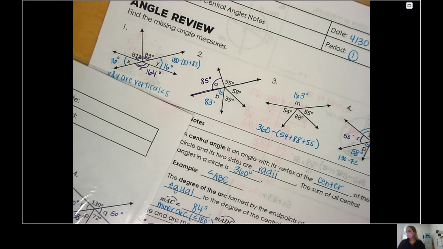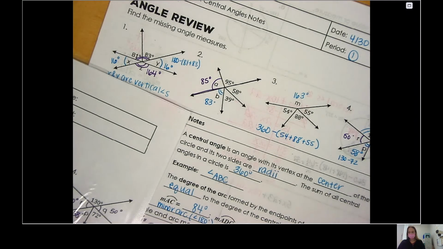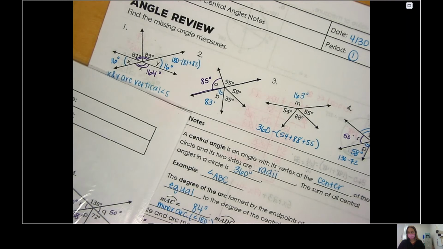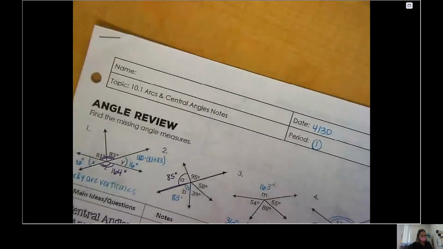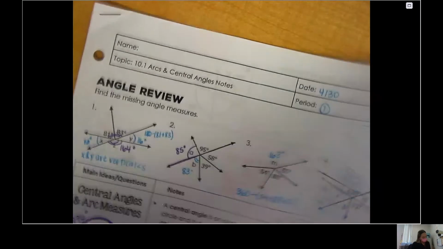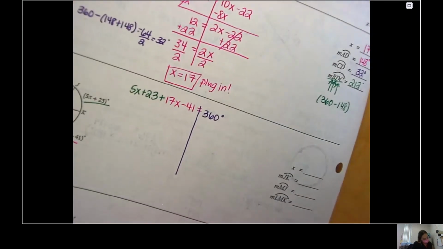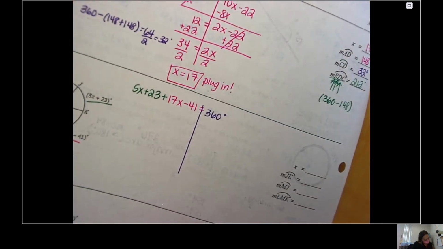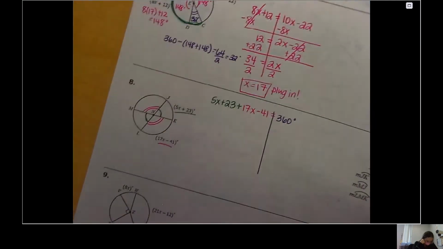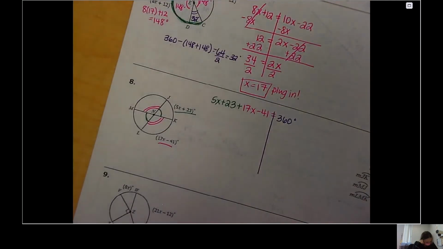For number 9, angle WX, and then I'm sorry, say the question number again. For number 9. Can you set what? Am I supposed to equal 90 degrees to 1?